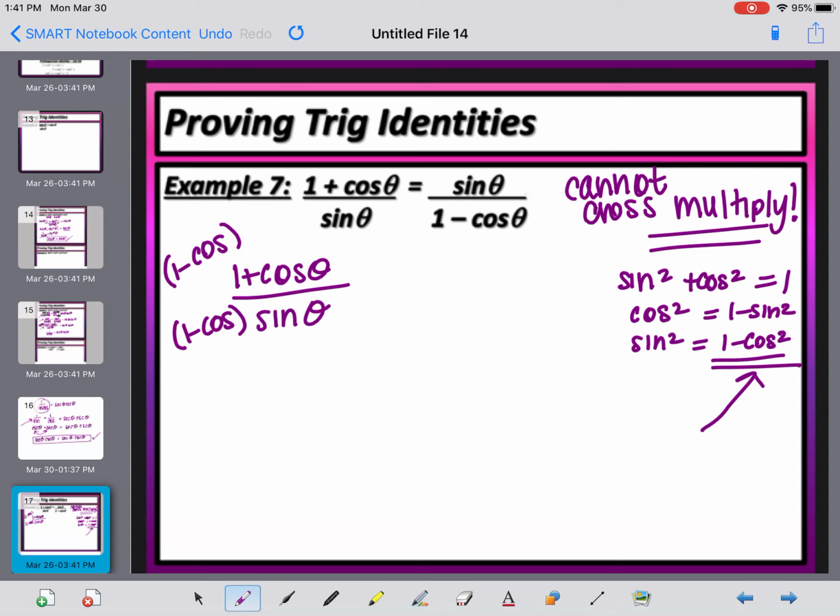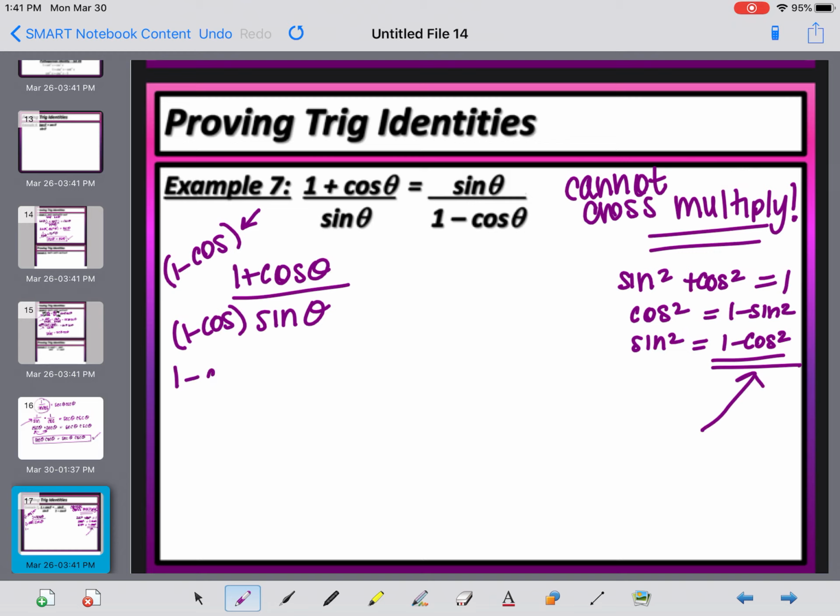Now, please make this very clear. I did not use 1 minus cosine here because it was in the other fraction. As far as I'm concerned, the other side of this fraction doesn't currently exist. I did not cross multiply. I used 1 minus cosine because that was the factor.